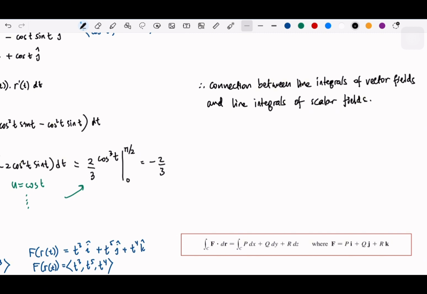So suppose vector field F is on this domain in three dimensions.